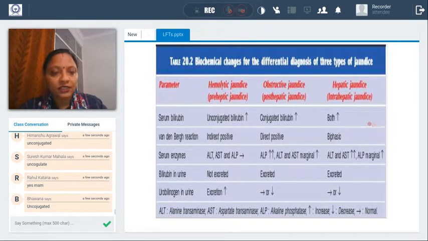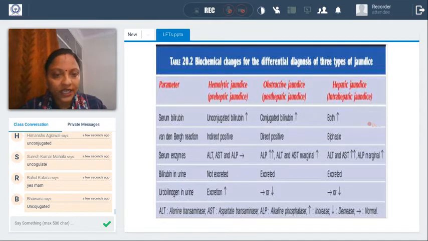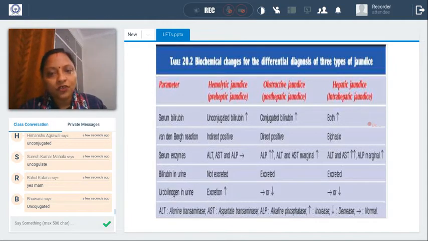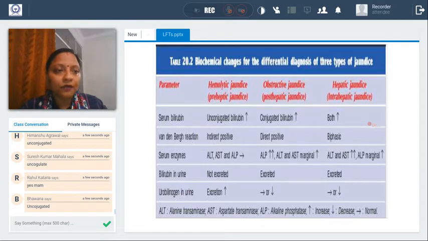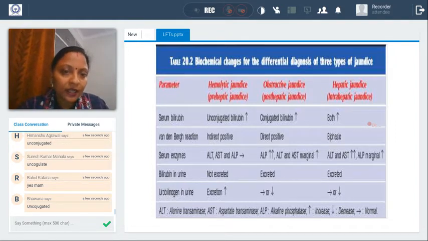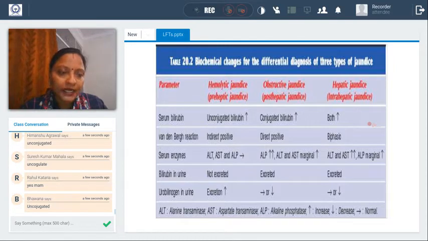Serum enzymes, what is the status of these serum enzymes? ALT, AST, ALP are normal in hemolytic or prehepatic jaundice. In obstructive jaundice, ALP is increased, ALT and AST marginally. What is ALP? Please write in the box, what is ALP?